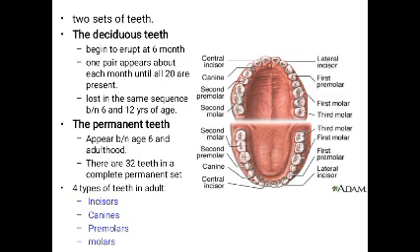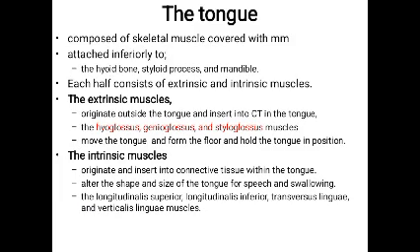The diagram is like the tongue, composed of skeletal muscle covered with mucous membranes, attached inferiorly to the hyoid bone, styloid process, and mandible. Each half consists of extrinsic and intrinsic muscles.